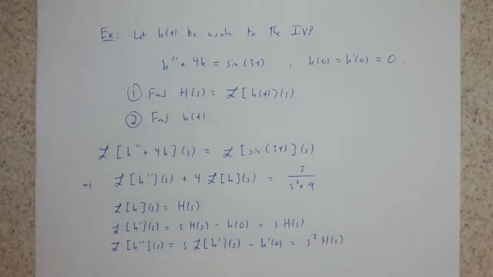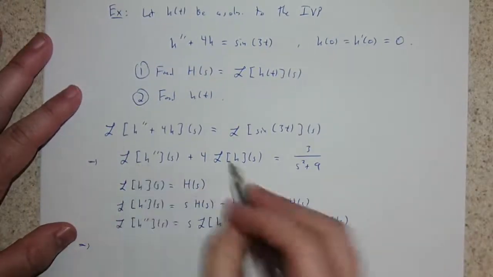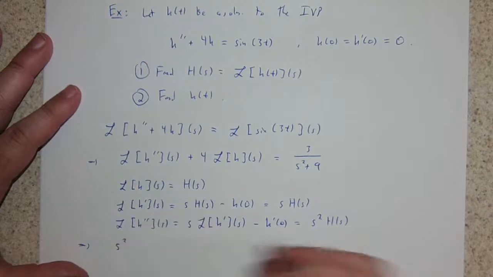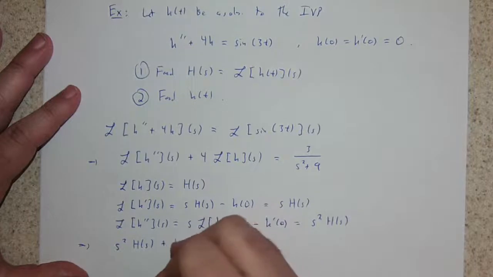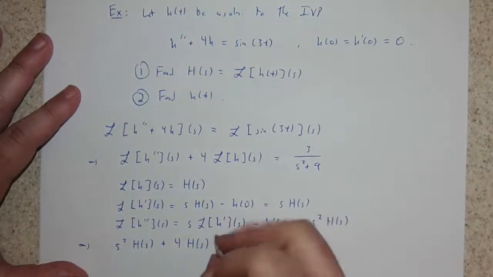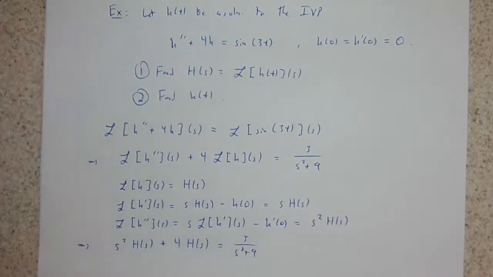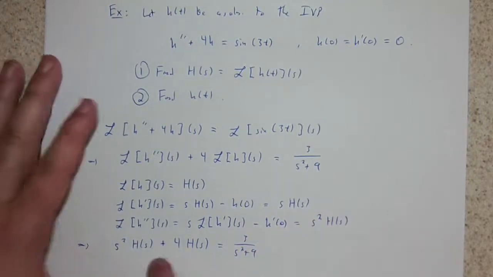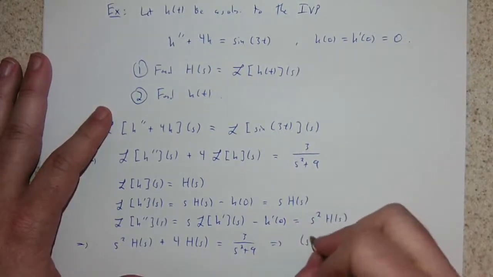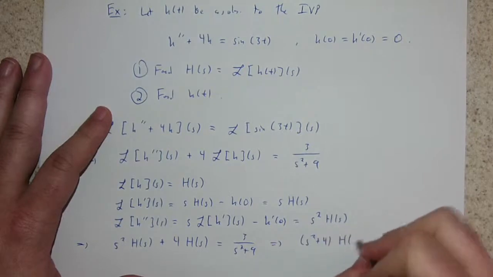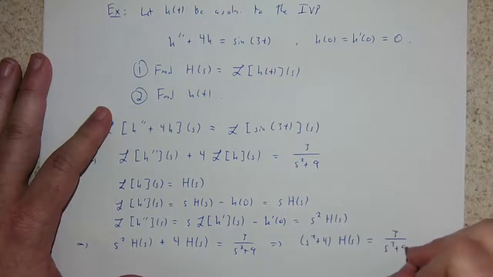Now putting all those together, this gives me up here s squared big H of s plus 4 times big H of s is equal to 3 over s squared plus 9. Factoring out a big H of s from both terms, this is s squared plus 4 times big H of s is equal to 3 over s squared plus 9.